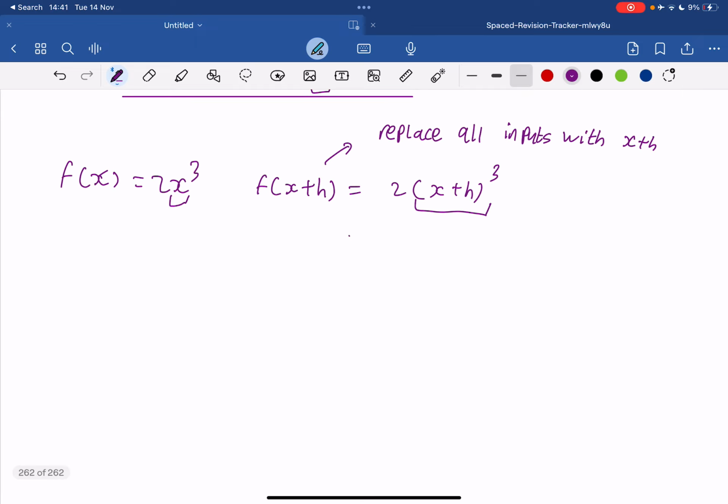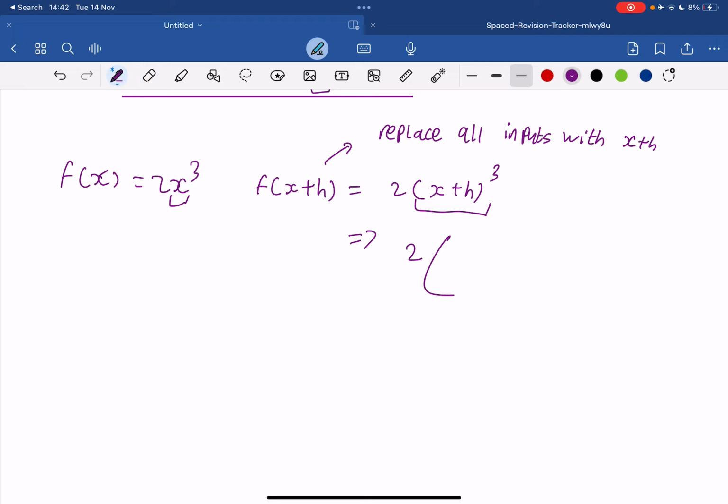Now let's expand that out. In this scenario, you would use the binomial expansion, in my opinion, or you could expand it out like this. Either way is fine, but I'm going to use the binomial expansion, and the reason I'm saying this is you'll see now.